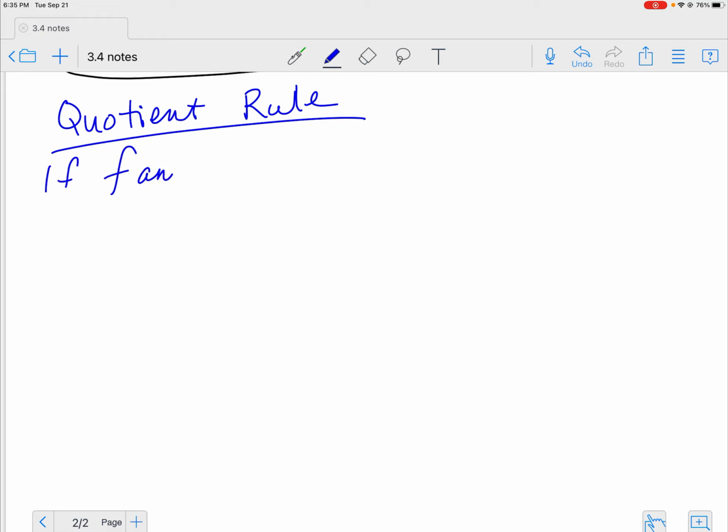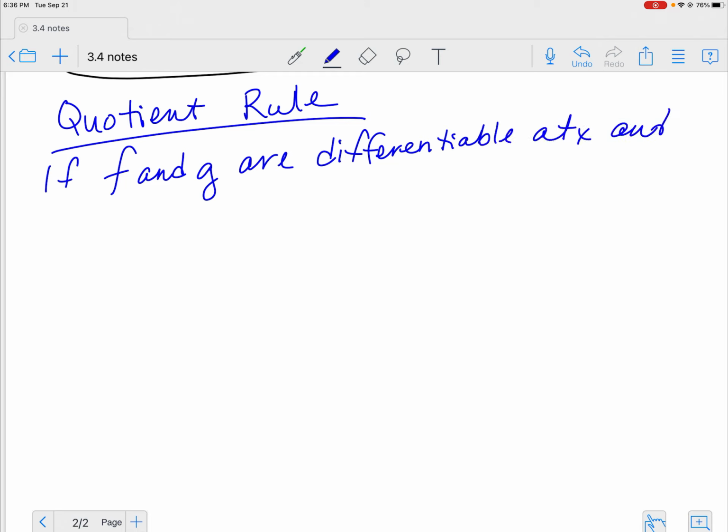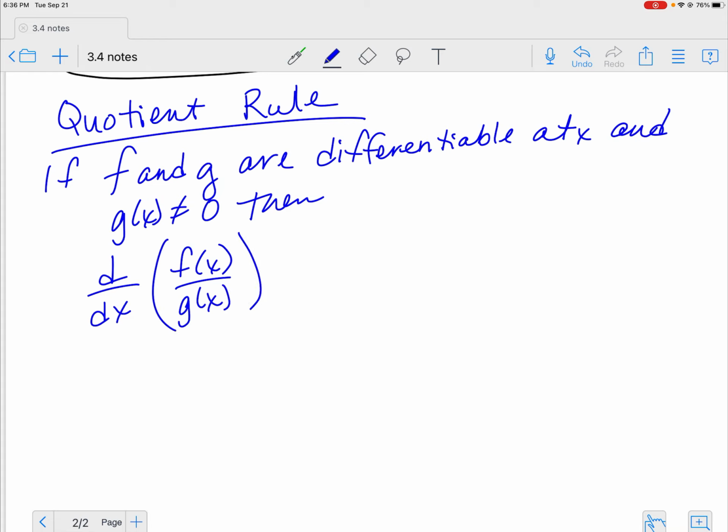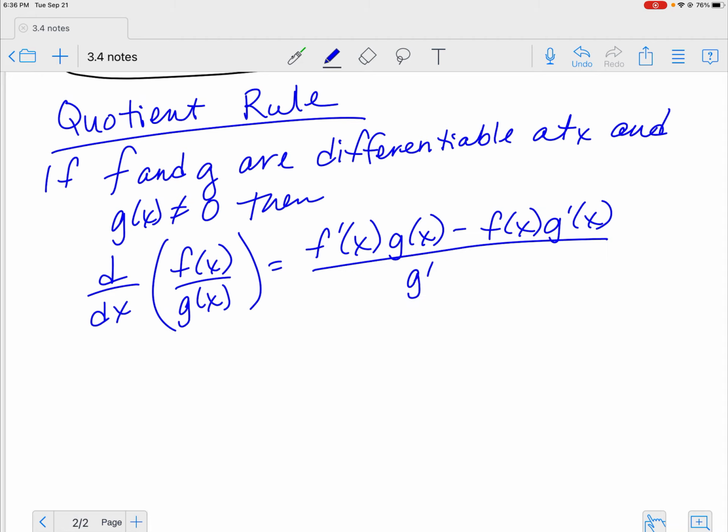If f and g are differentiable at x, and g of x does not equal 0, then the derivative with respect to x of f of x divided by g of x is equal to f prime of x times g of x minus f of x, g prime of x, all over g of x squared.